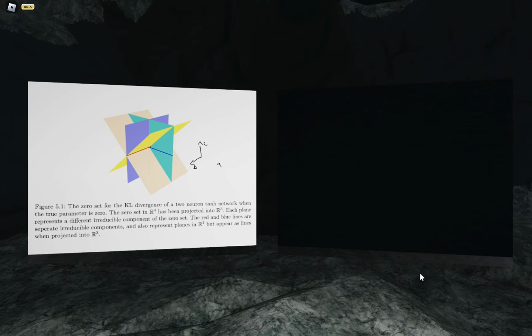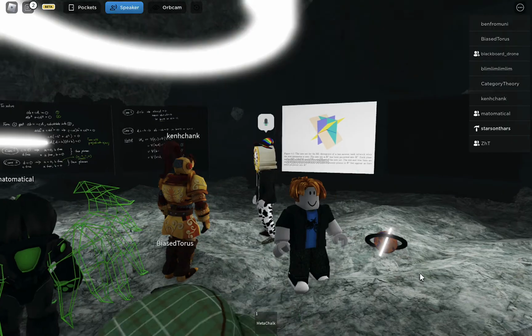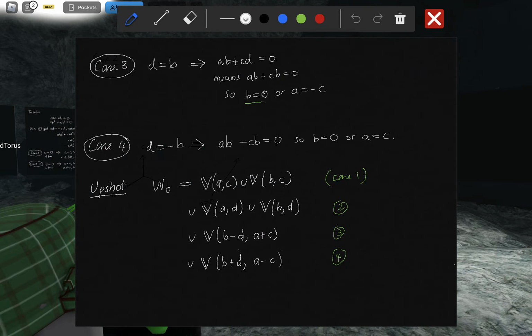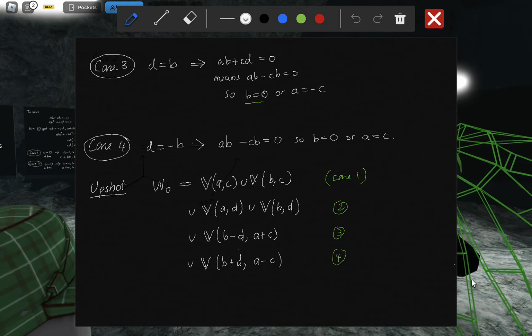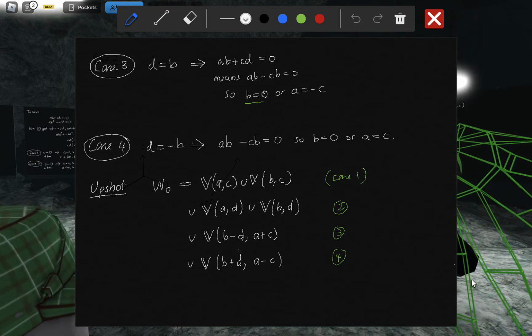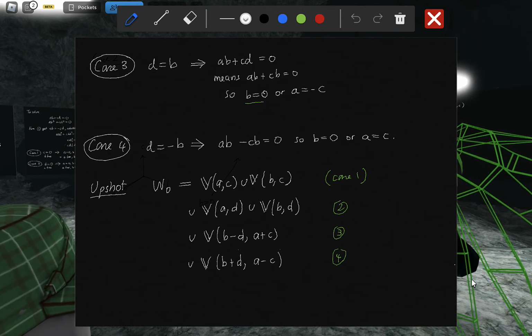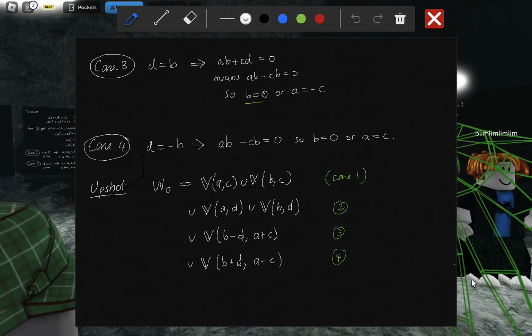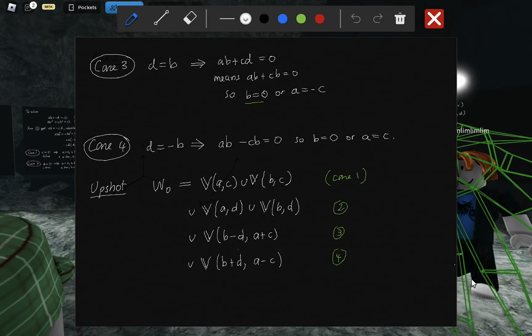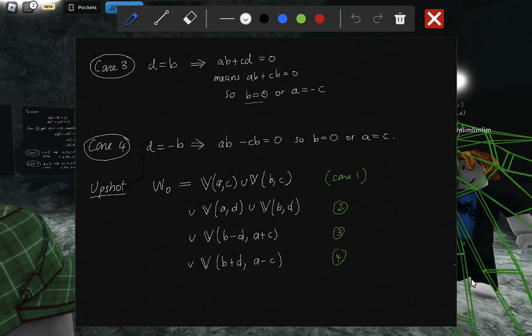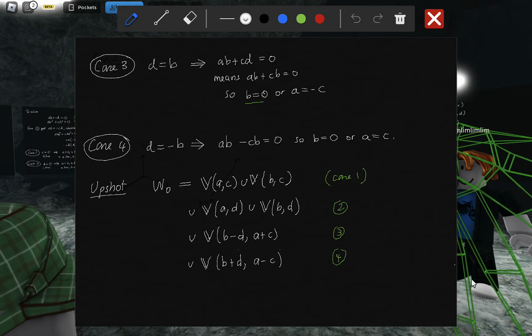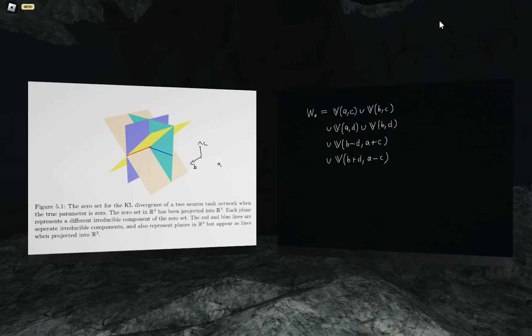I'm going to copy these components over so somebody else can start annotating while I'm doing that, because it's going to be a bit difficult to understand unless we have this decomposition also visible. Okay.